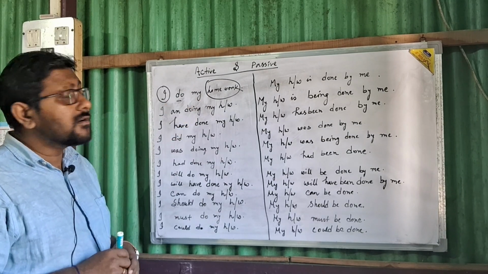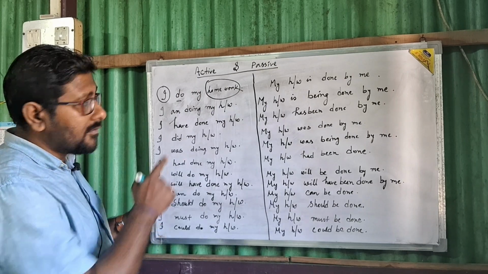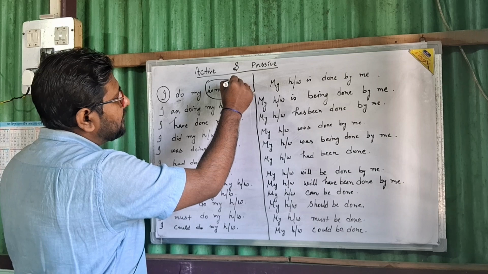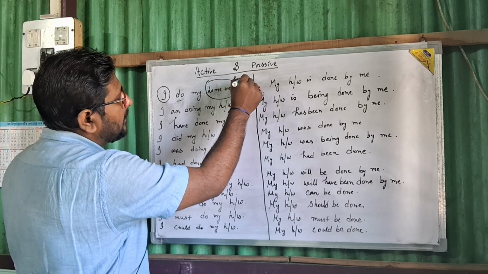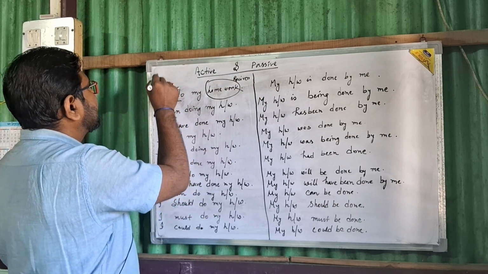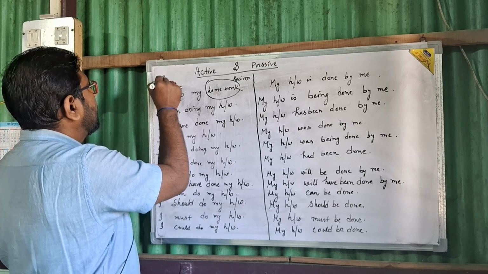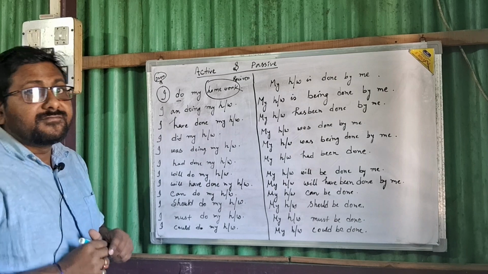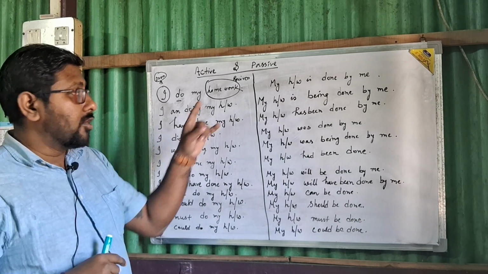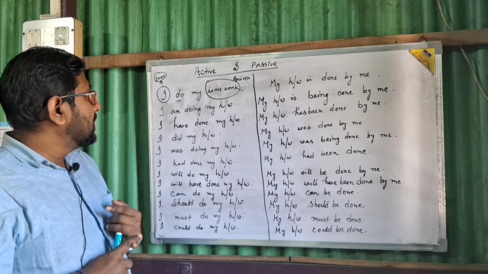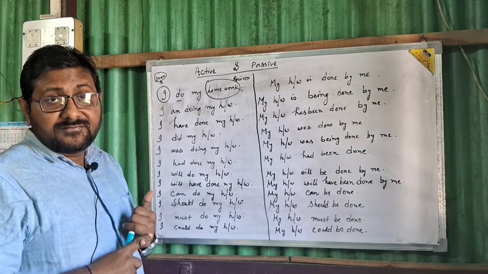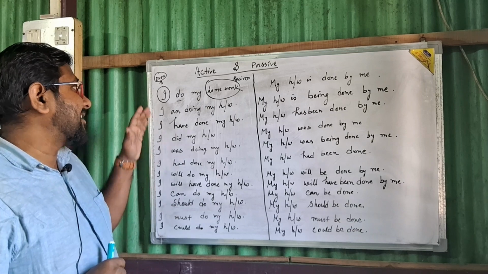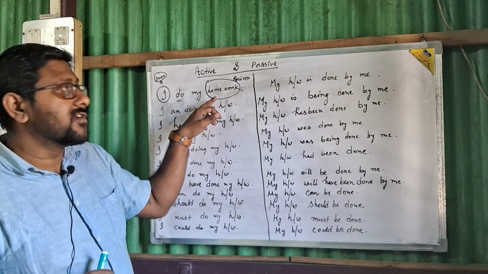And who is the receiver of the action? The receiver of the action here is homework. So I would write here receiver, and here for my understanding I would write doer. So I always want you to understand an active voice will always have an object, and in active voice the subject would be the doer of the action and the object would be the receiver of the action.